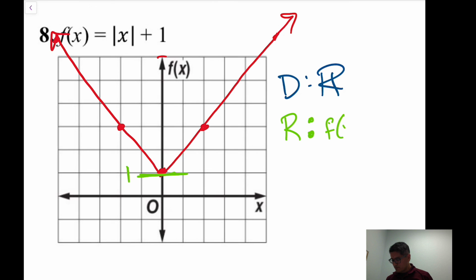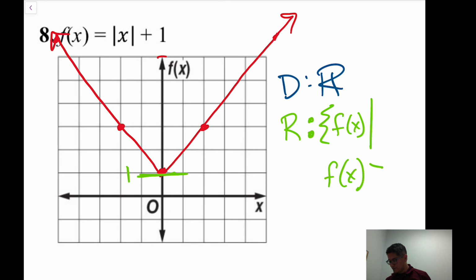So my set of numbers, my f of x is true such that f of x must be, all my y's must be greater than or equal to 1. So again, what that means is that for my y-axis, I am looking at only my y-axis.